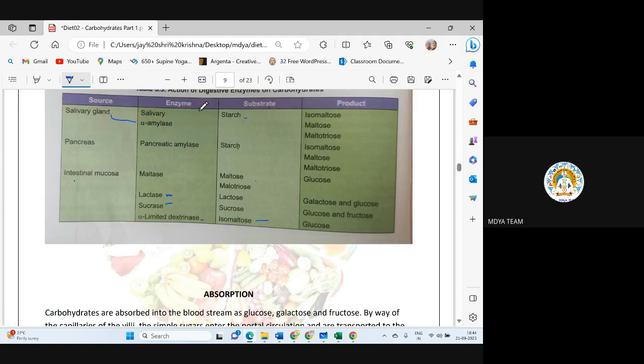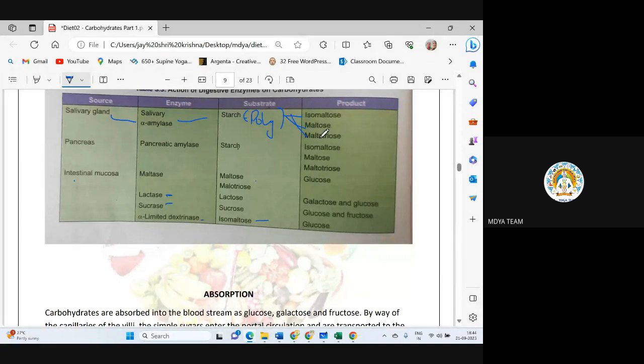This saliva acts on starch. Starch is a polysaccharide, and this polysaccharide got broken down into isomaltose, maltose, and maltotriose.